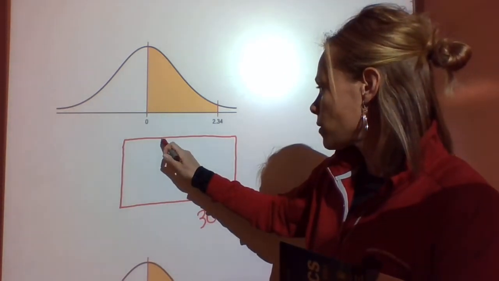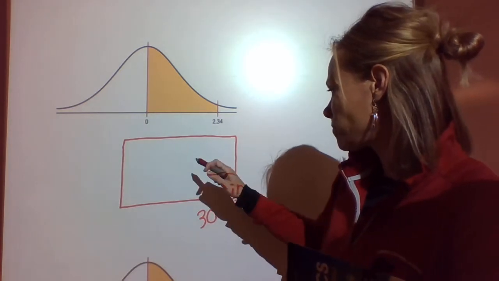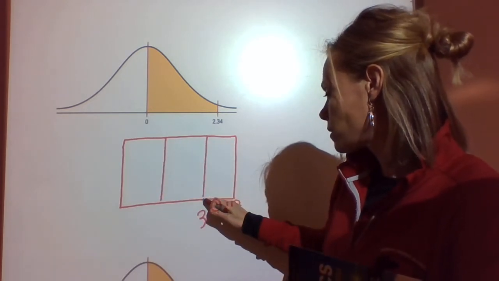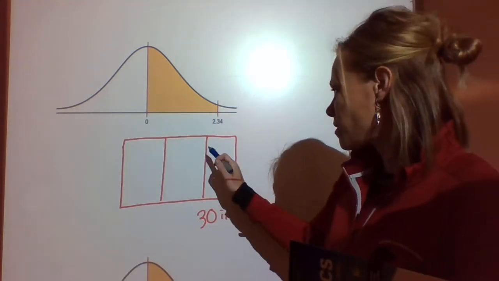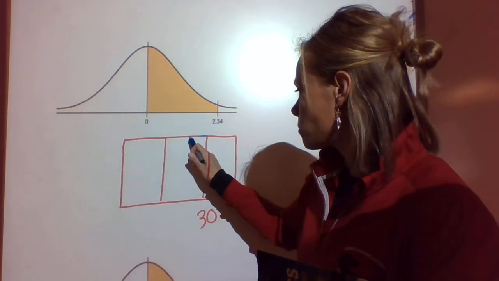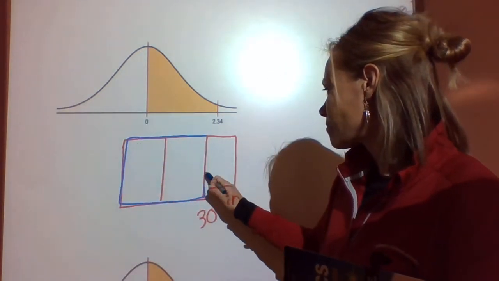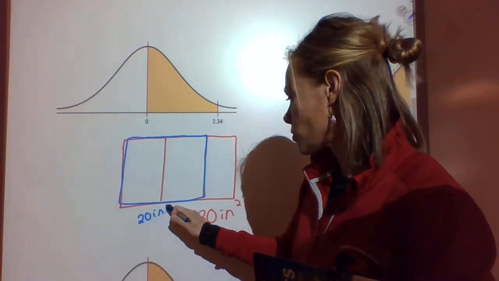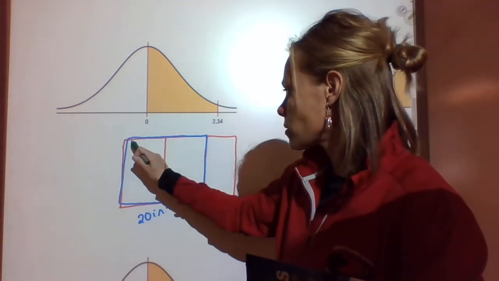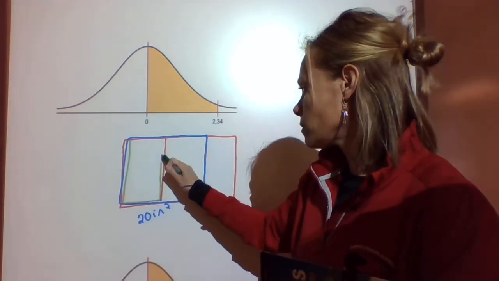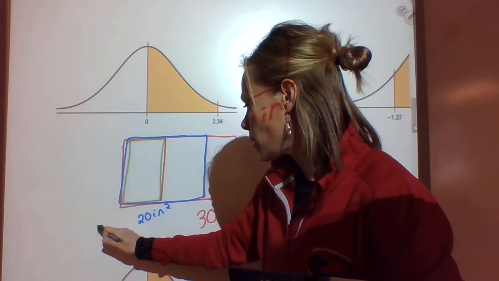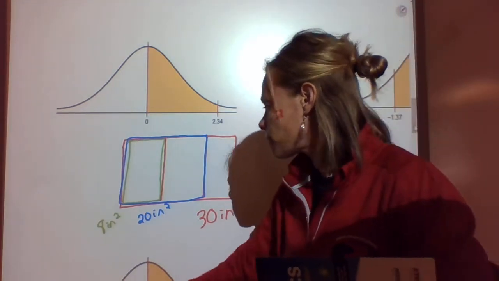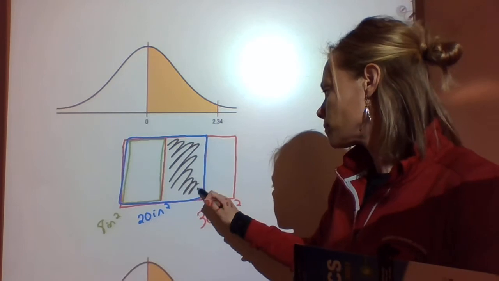And if I tell you that this blue rectangle has an area of 20 inches squared, and this green rectangle has an area of 8 inches squared, how would I find this black area?